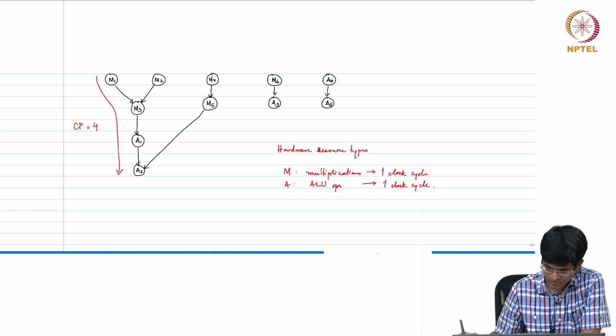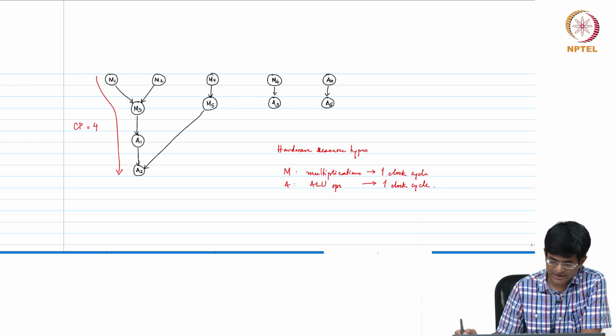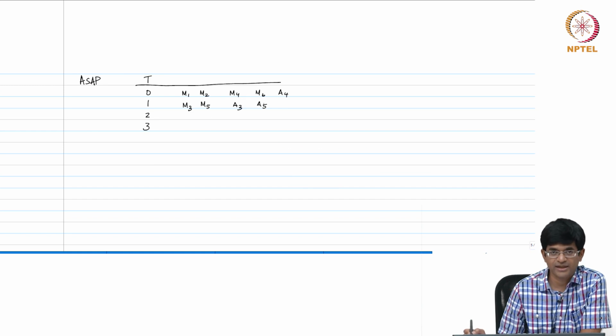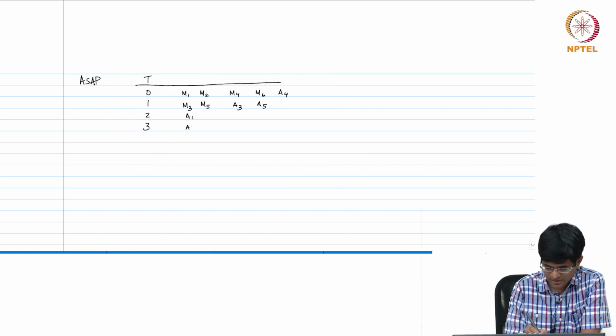And then M3, M5, A3 and A5 can get executed in cycle number 1, A1 in cycle 2 and A2 in cycle 3. This completes all the operations that we need, right?